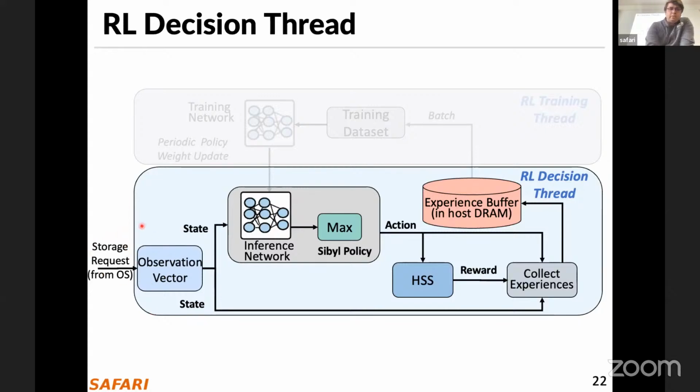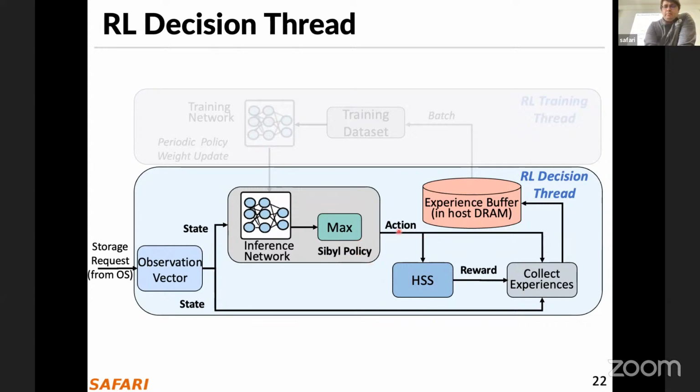The incoming storage request and the state of the environment are taken by the decision thread and translated to an observation vector, and that is the state for the inference network. The inference network is also a simple feed-forward network with the same design as the training network, and it makes a decision which maximizes the Q value for Sibyl.